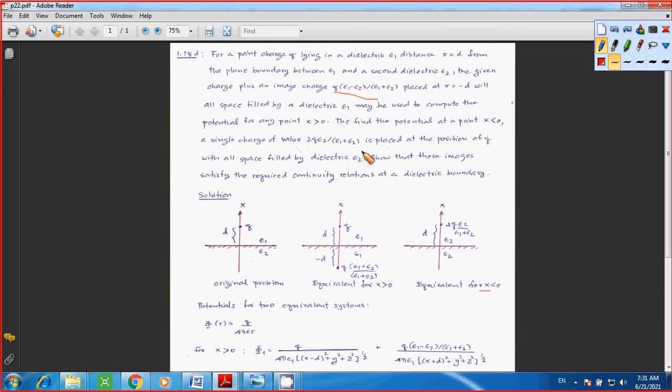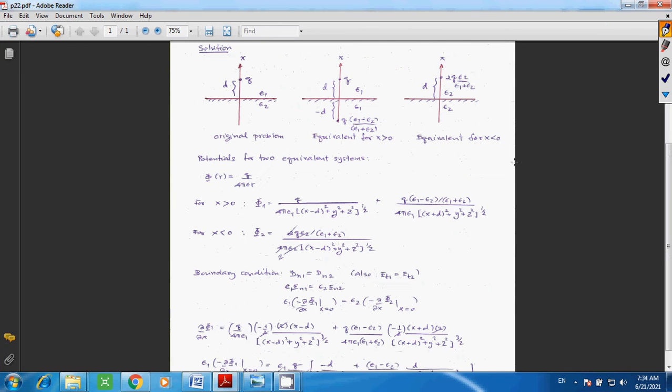What we are looking for is to show that these images satisfy the required continuity relations at the dielectric boundary. So what is the continuity? The continuity is that you have Dn1 equal to Dn2.